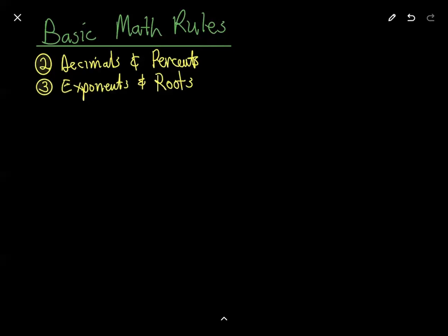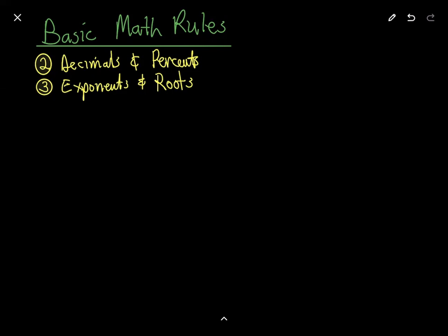All right, decimals and percents. Let's talk about that first. One of the rules that you want to understand about decimals is that decimals indicate that the part of the number following the decimal point is actually a fraction. The numbers that follow the decimal point are a fraction with 10, 100, 1,000, 10,000, 100,000, and so on.